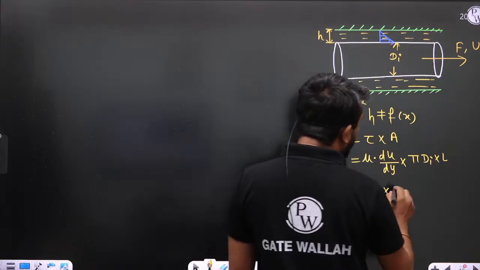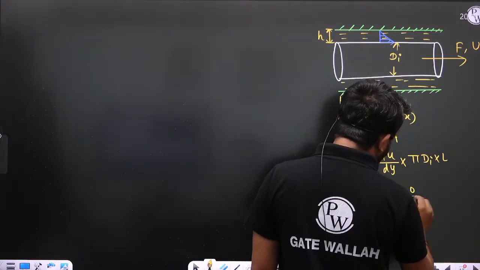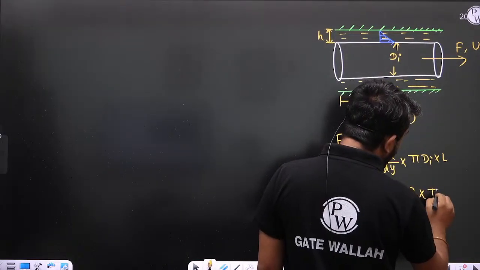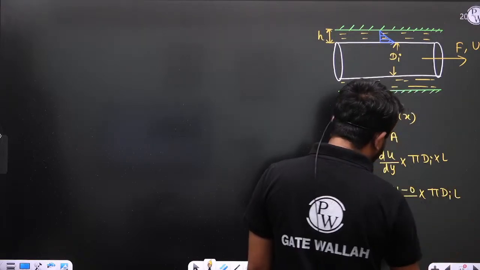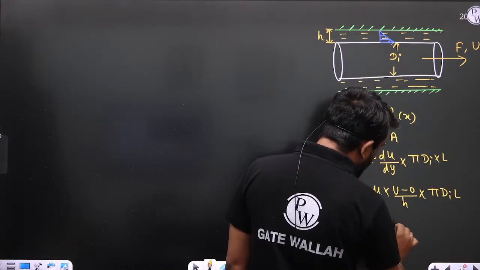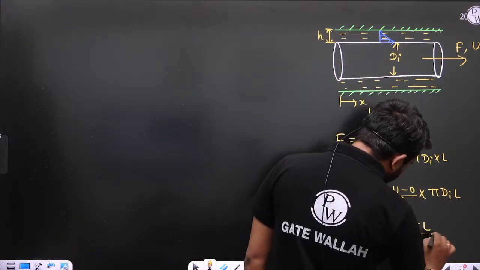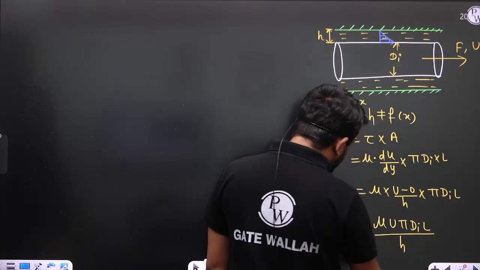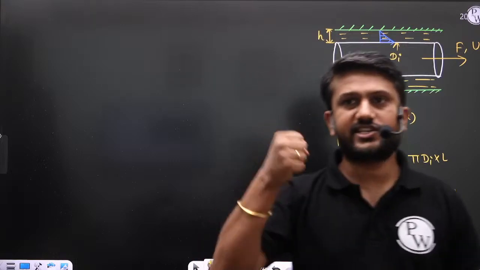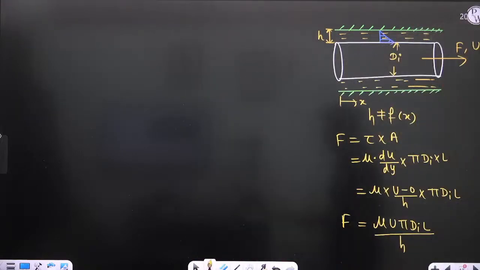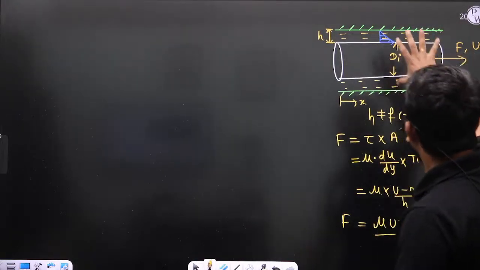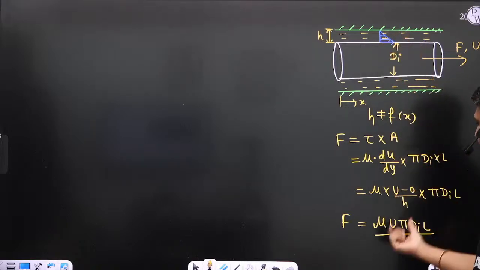So directly we can write u minus 0 divided by H multiplied by pi di into L. So this is mu u pi di L divided by H. This is the force which is required to pull the shaft with a constant velocity of u. So for this particular case, this is the F.